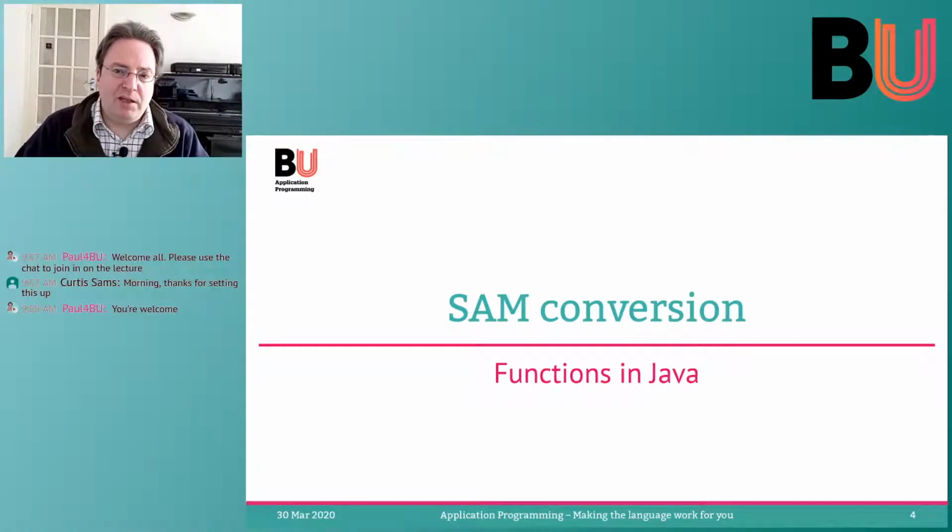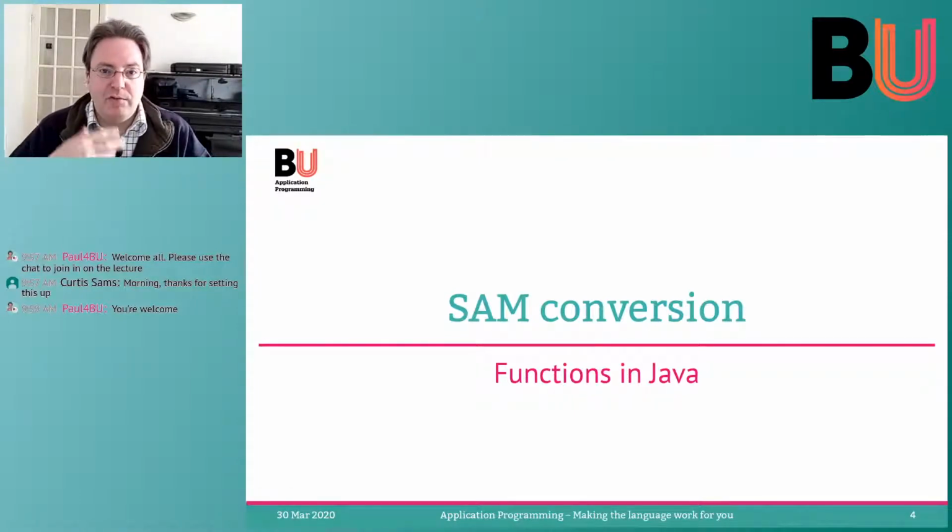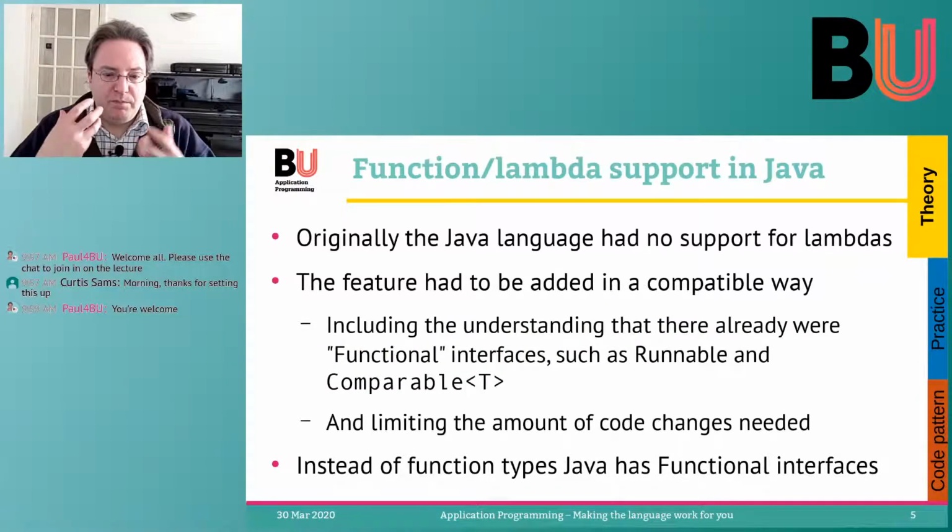One of the key aspects in using Java is this whole functional stuff. Java's functional support doesn't work the same as it does in Kotlin. Java originally was not designed to support lambdas.